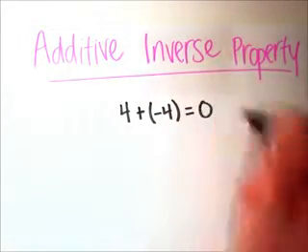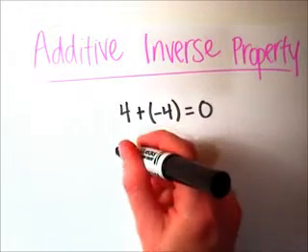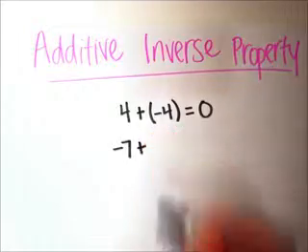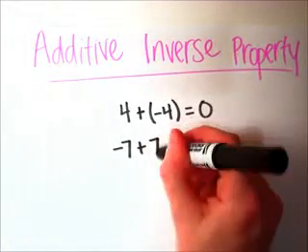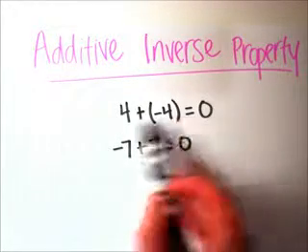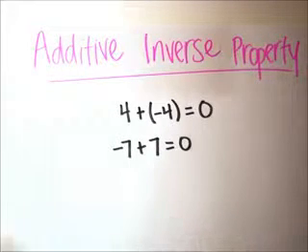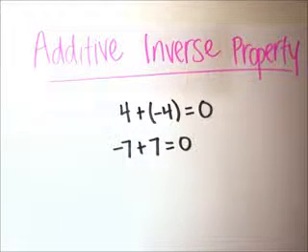And you will get a sum of 0. Likewise, if I said negative 7 plus the opposite of negative 7, which is positive 7, I get a sum of 0. So essentially, you're undoing, you're reversing. Doing opposites here is one way that you could think about it.